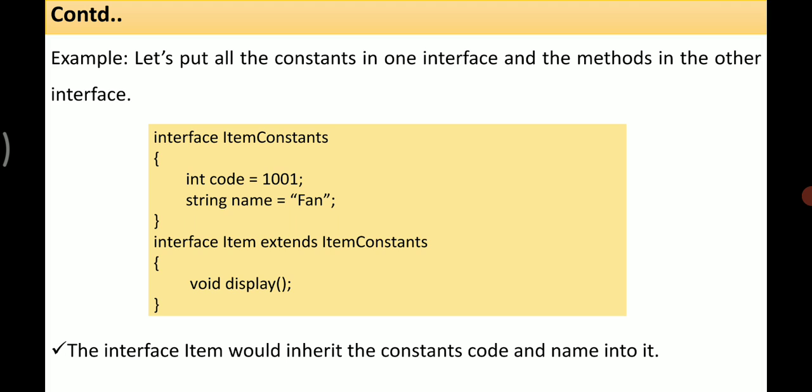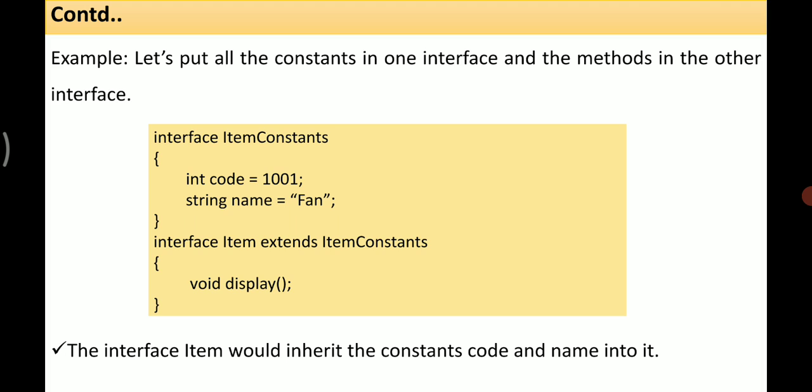Next we have interface Item. It extends ItemConstants. So Item is the sub-interface and ItemConstants is the super interface. In this we have a method, void display.